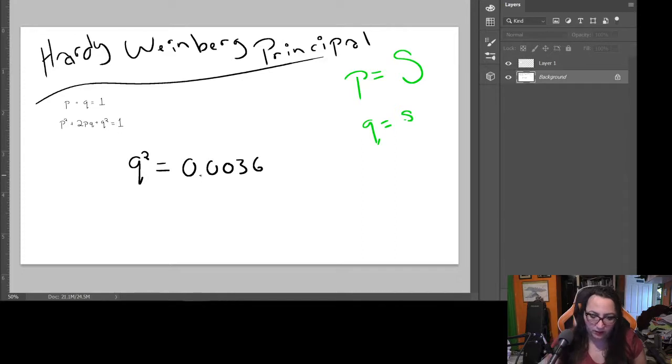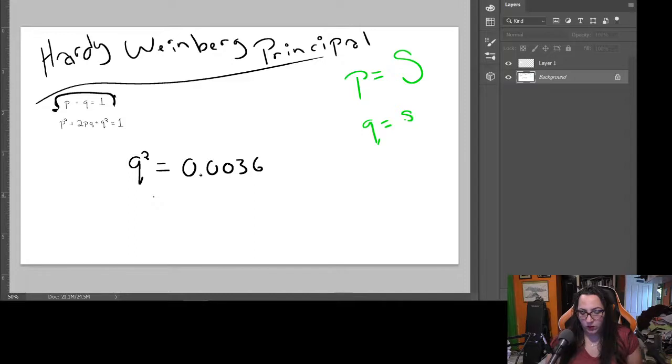And maybe you can't see my decimal well. The first thing we need to do is calculate that s, because we know that p plus q equals 1. So if we know q squared, the square root of q squared is going to give us q.